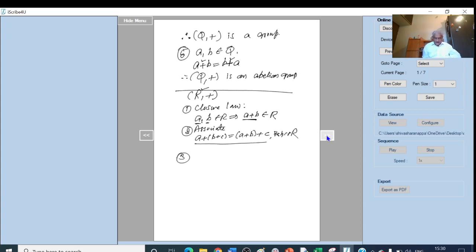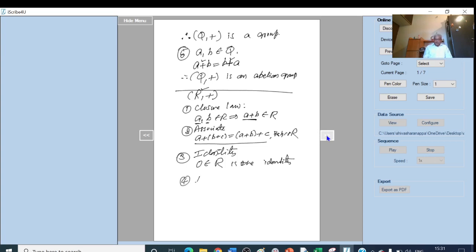And what about the identity? With respect to addition, the identity element is 0. Whether 0 belongs to R or not? Yes. 0 is a real number. This belongs to R. Is the identity. That is A plus 0 equal to 0 plus A equal to A. This is true for all A. Therefore, 0 is the identity element.